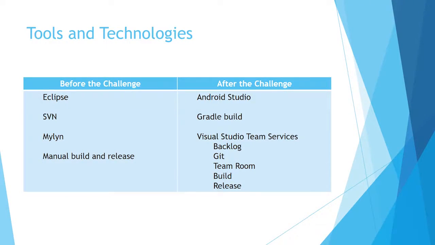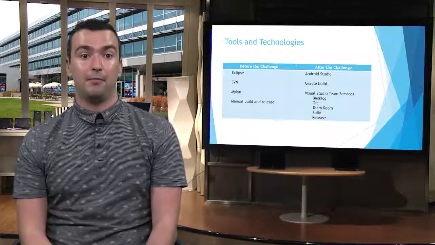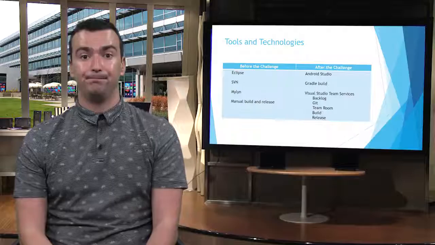Before the challenge, I was using Eclipse, the IDE, the Integrated Development Environment, to develop with Java and the Android framework. I was also using SVN, Subversion, to host my source code and manage branch history.